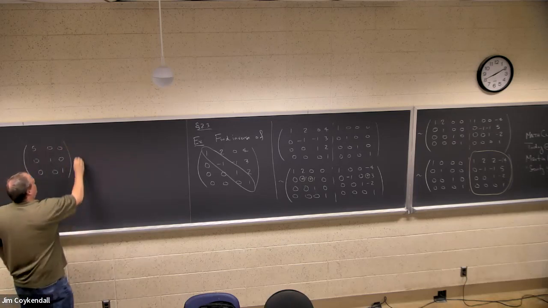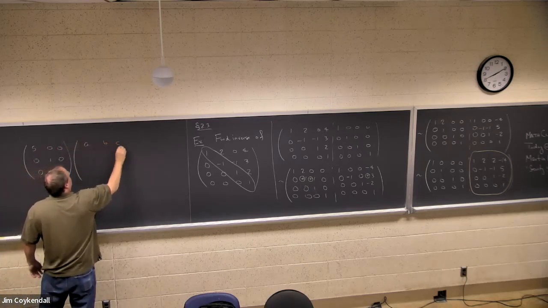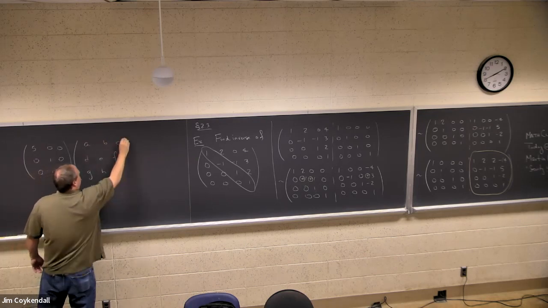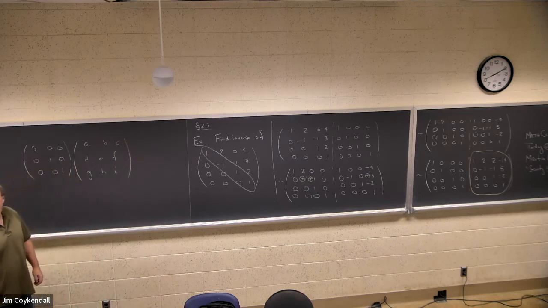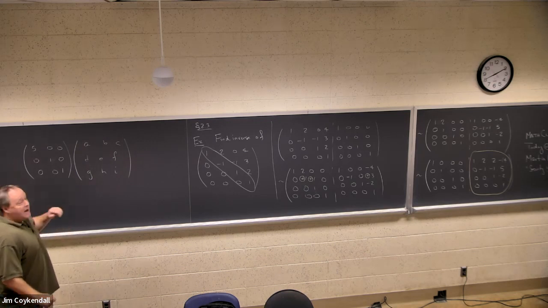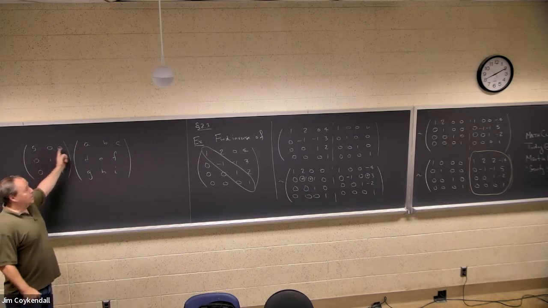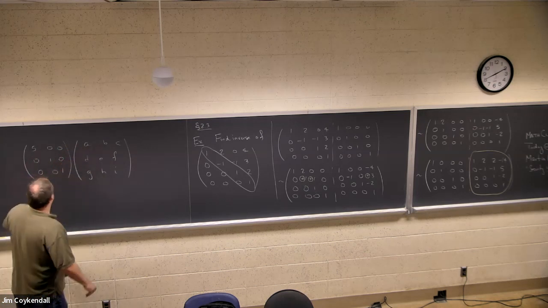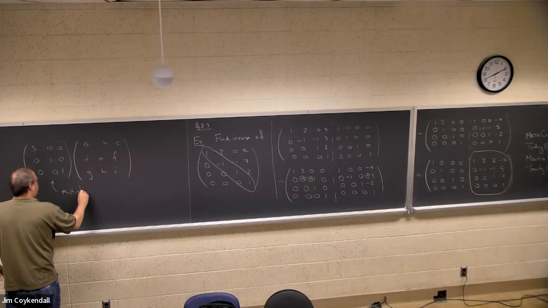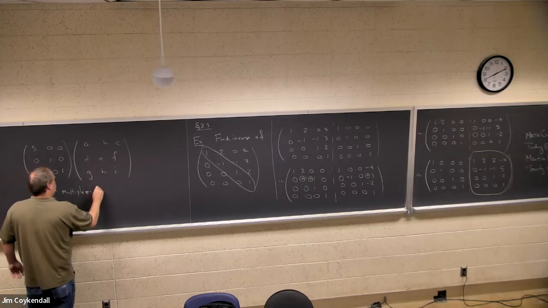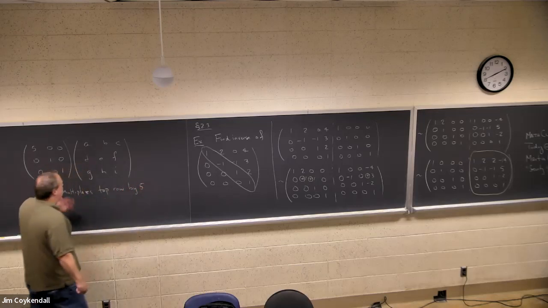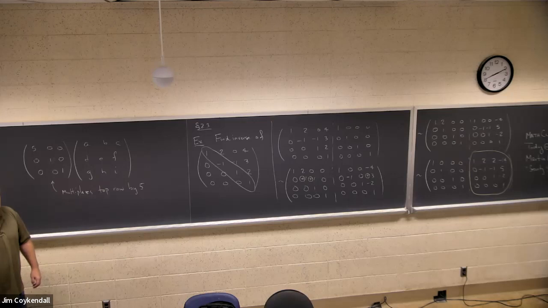What would this do to a 3x3 matrix? Or multiply A by 5. It would multiply the top row by 5, and it leaves the other two rows alone, doesn't it?